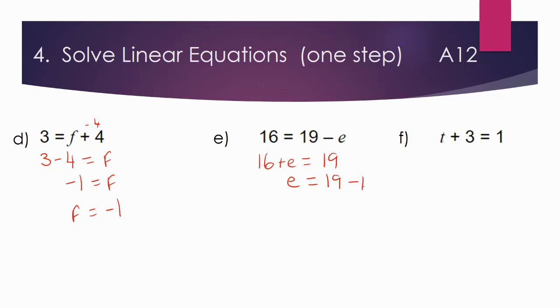So e equals 3. And if we look back, 16 equals 19 take away 3. And then on this one, t is going to equal 1 take away 3, t is minus 2.